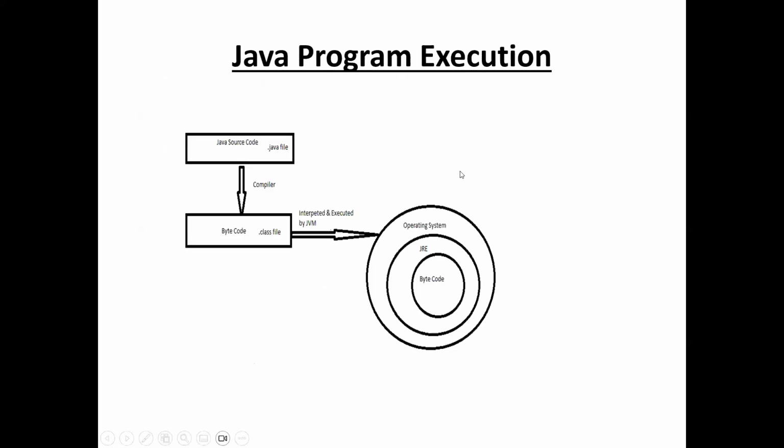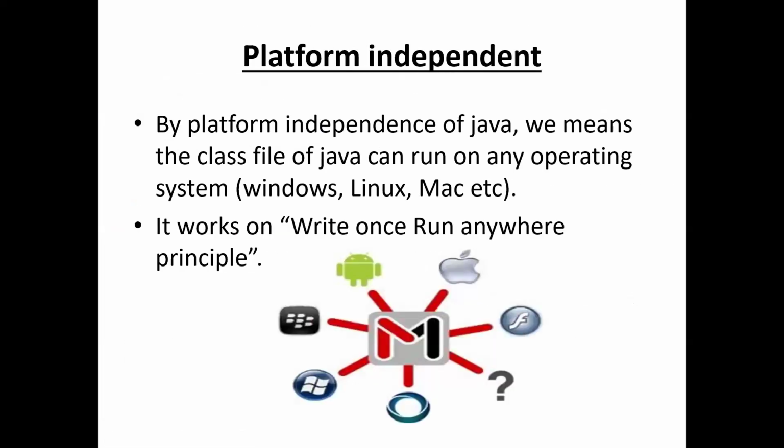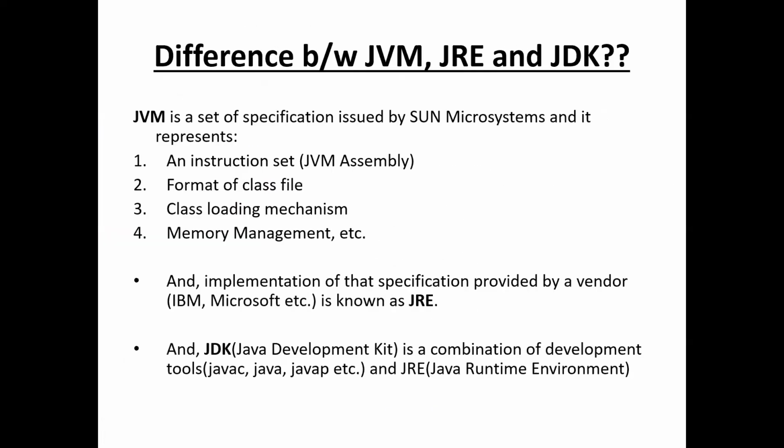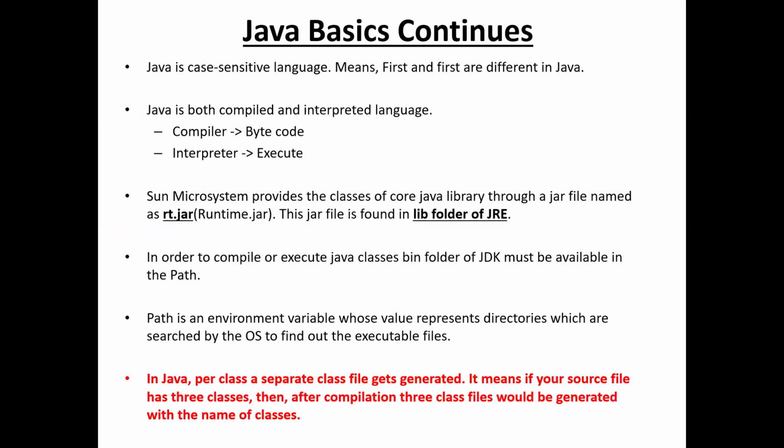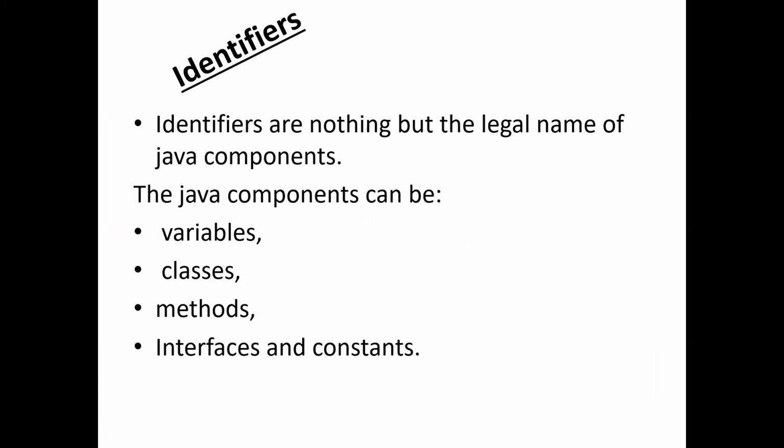We create a lot of things in Java: variables, components, methods, static variables. All those things are called Java components. You have to give a name to those Java components: methods, variables, static variables, interfaces, constants, and classes.